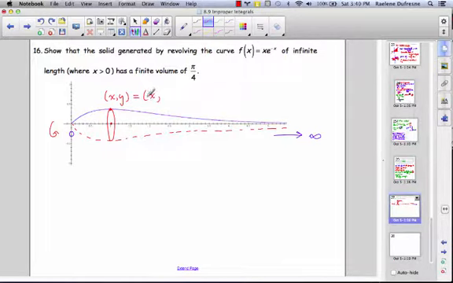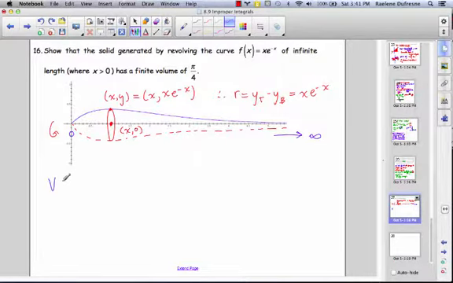When x is x, the y coordinate is x e to the negative x, and therefore the radius is going to be y top minus y bottom for that length. y bottom at that point is a constant of 0, and so the radius is equal to x e to the negative x. So take a moment, set up the volume, and see how it fits into 8.9 improper integrals.